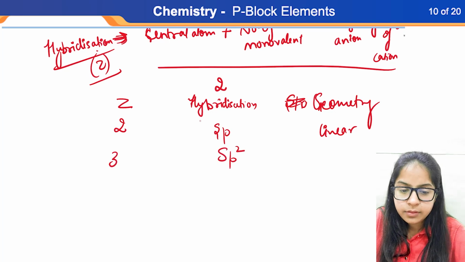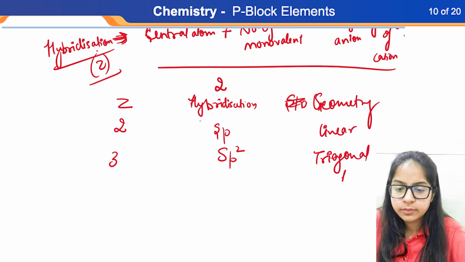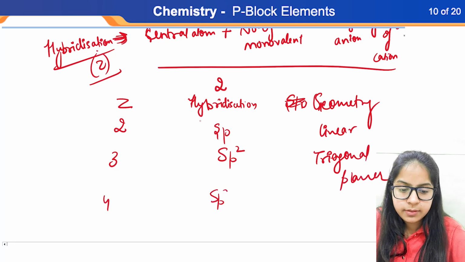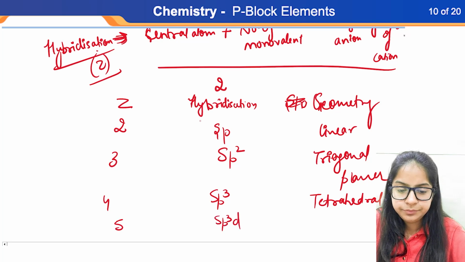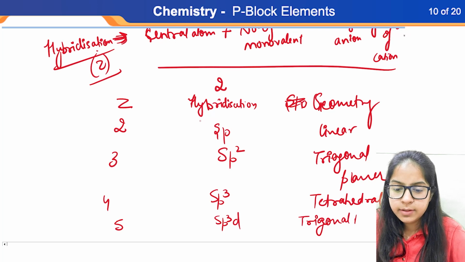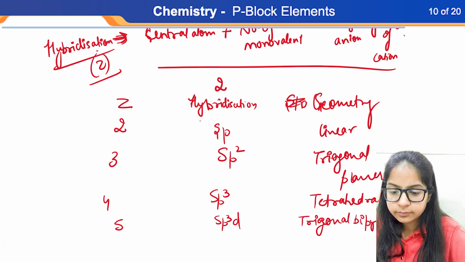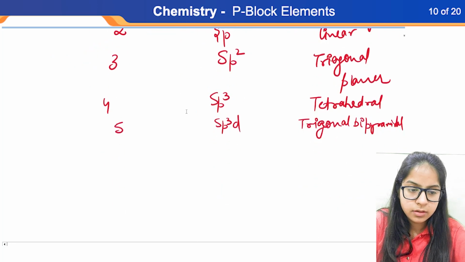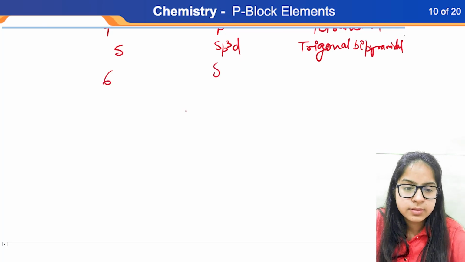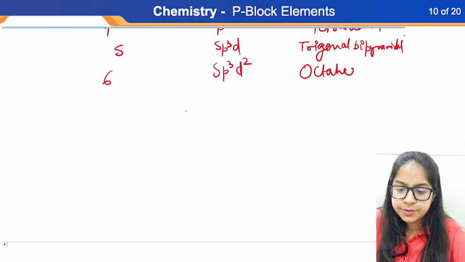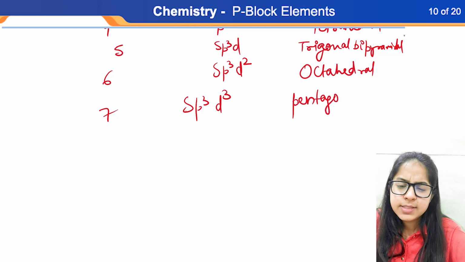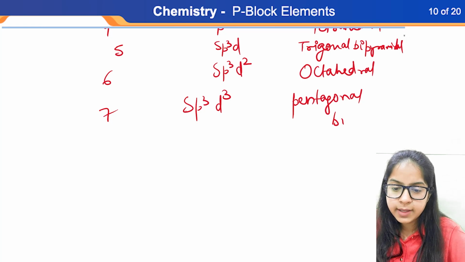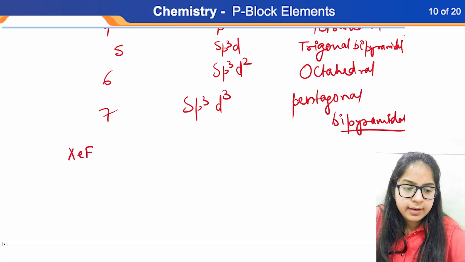Steric number 3 is sp2, trigonal planar. 4 is sp3, tetrahedral. 5 is sp3d, trigonal bipyramidal. 6 is sp3d2, octahedral. 7 is sp3d3, pentagonal bipyramidal. This is important.